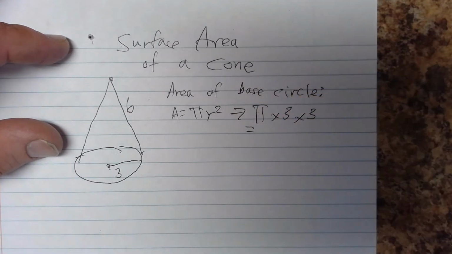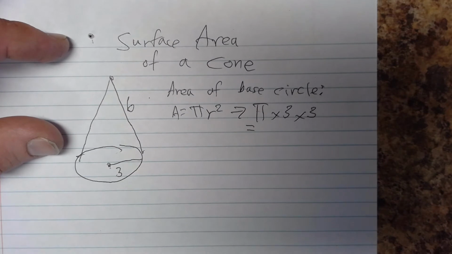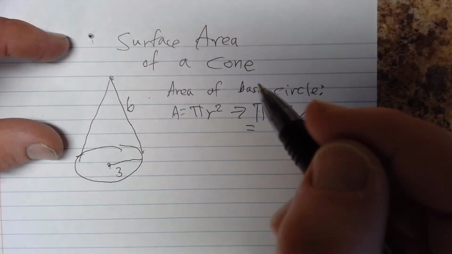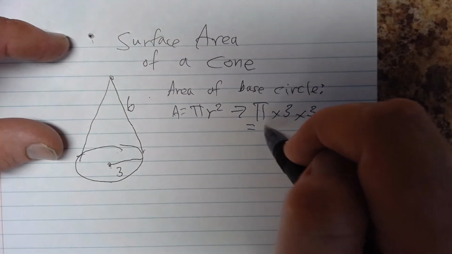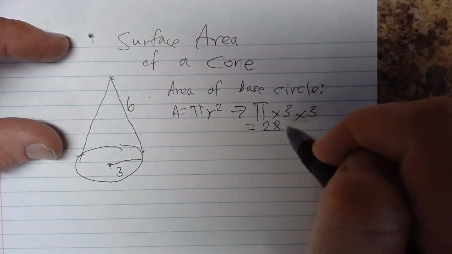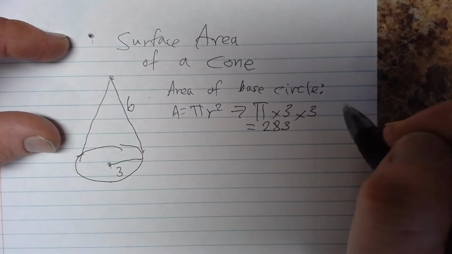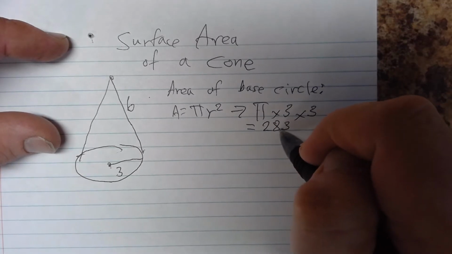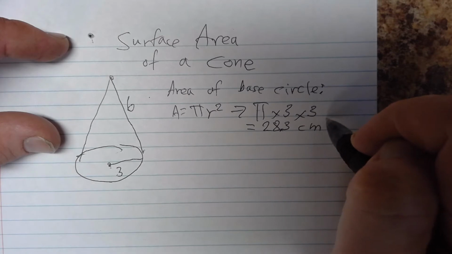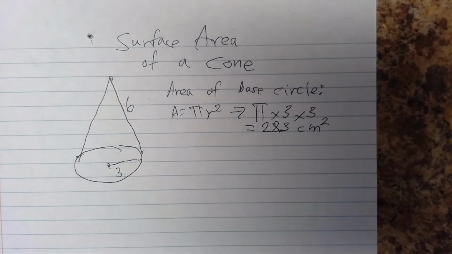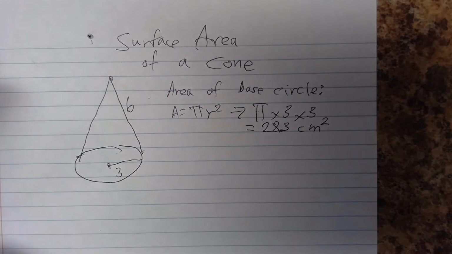So essentially you're dealing with pi times 9, right? 28.3 if I round it off. And I'm going to pretend this was in centimeters. I don't know what kind of unit I was using. Centimeters squared. Surface area is squared. If we were doing volume, it would be cubed.